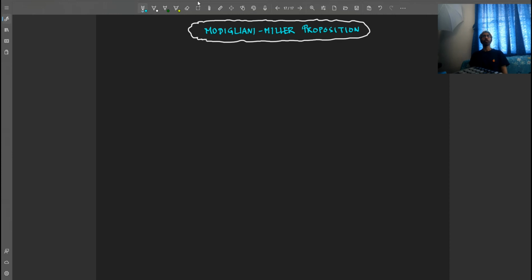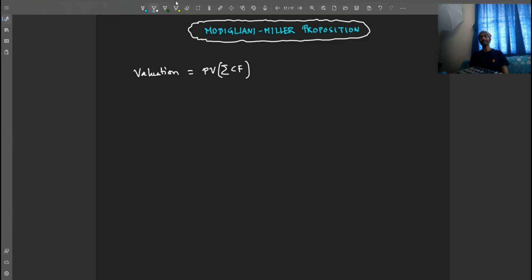Modigliani-Miller proposition. What is this all about? Friends, we know something about the valuation of a company. The valuation or intrinsic value of a company is the present value of all its future cash flows.